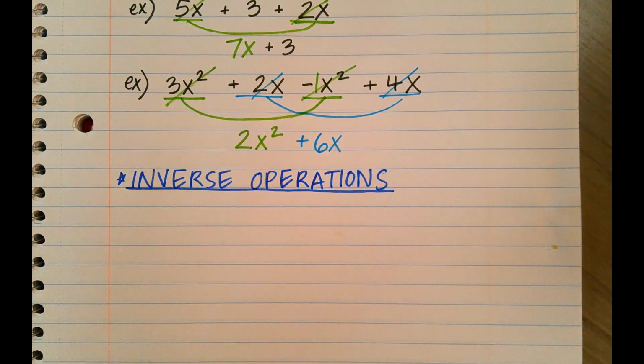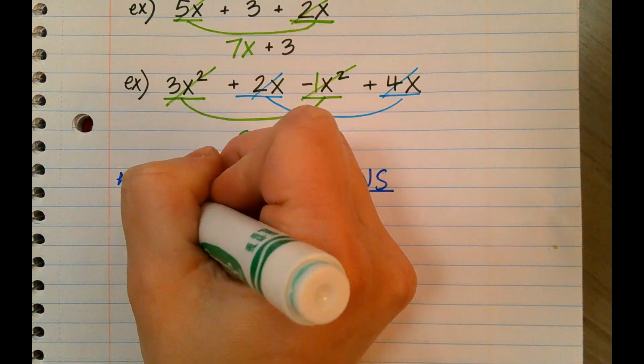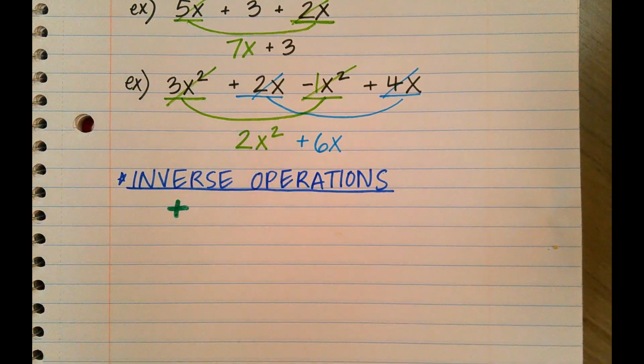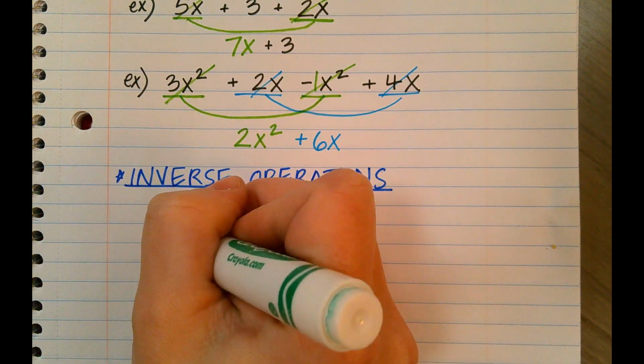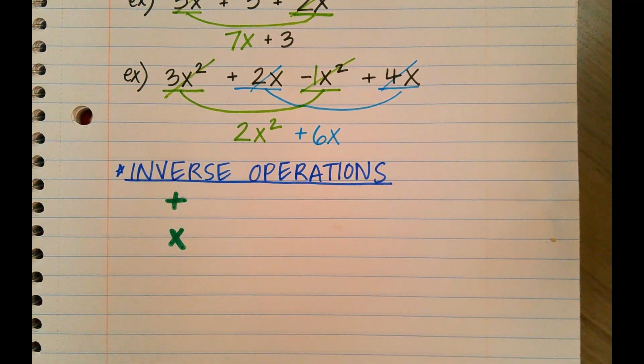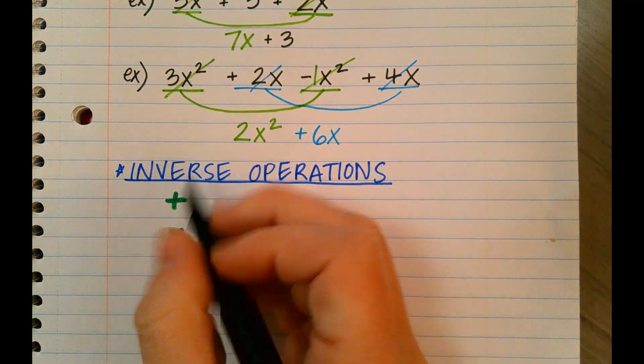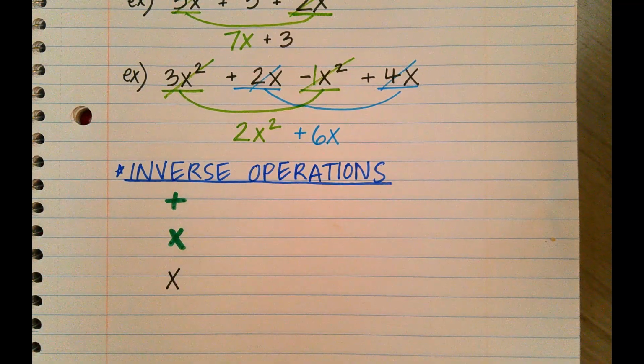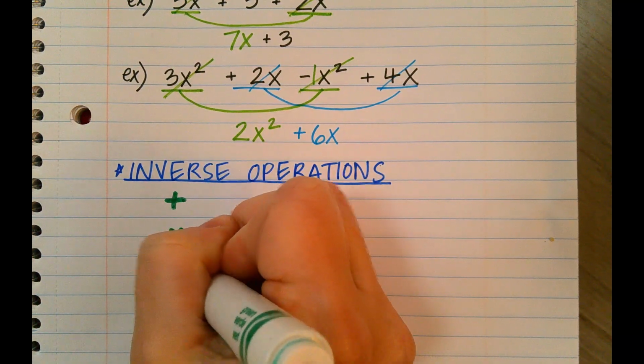So underneath here, we're going to write a plus. Right under that plus, I'm going to put a times symbol. And right under that, I'm going to write x, and I'm going to put a little 2 for squared.